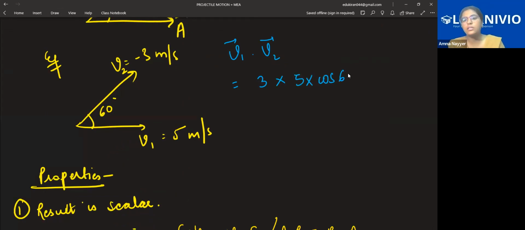Into cos 60 degree. That's it. Fine. So this becomes 15. This becomes half. So you have simply 7.5 meter per second. Fine. So V1 dot V2, when you write, you will take the magnitude of each of these quantities.